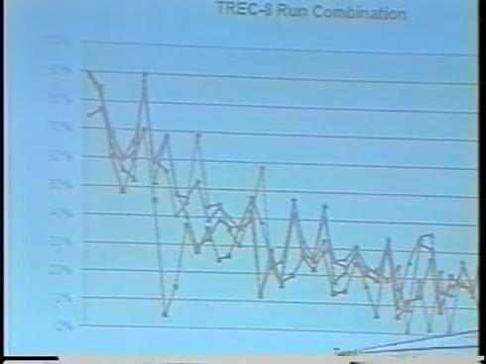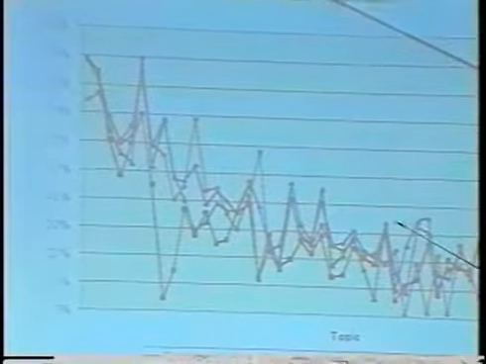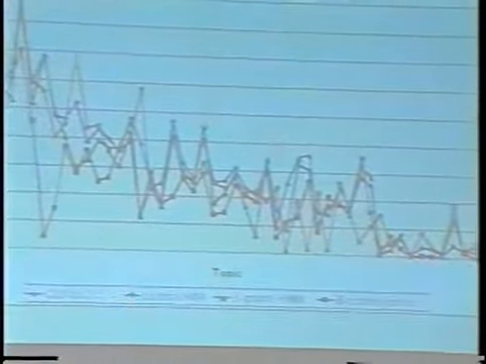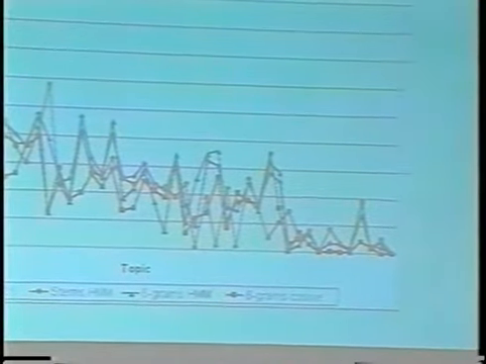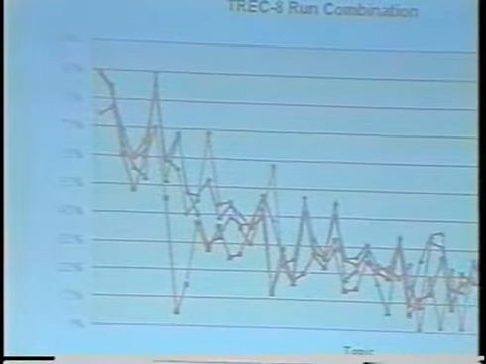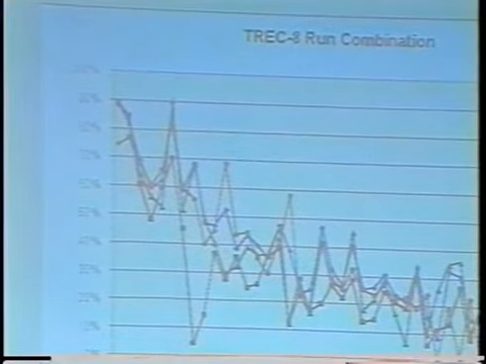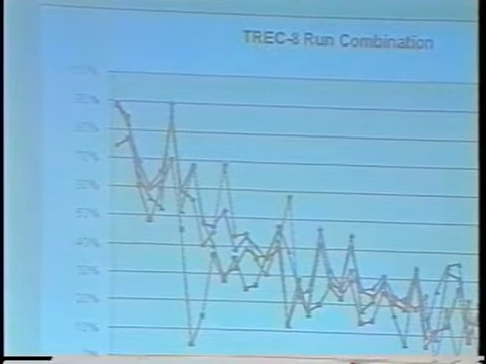Each column here represents a different TREC topic. They're sorted by median score. That is, there were 40-some systems that participated in TREC. We just took the median score on a query-by-query basis, sorted them that way. And what you can see for any given query is that there's a big variability in how the different techniques perform.